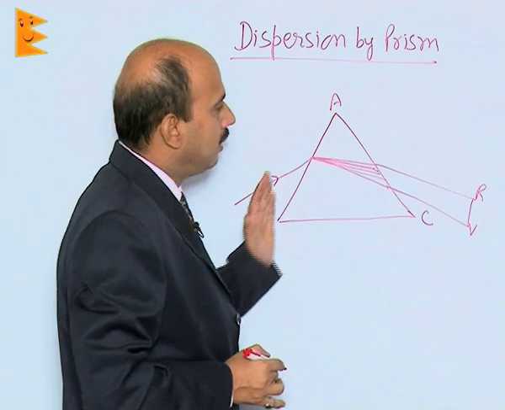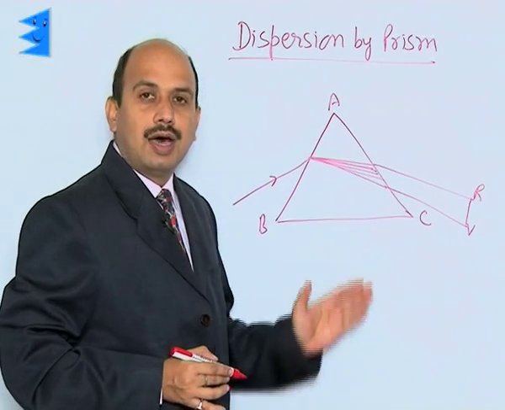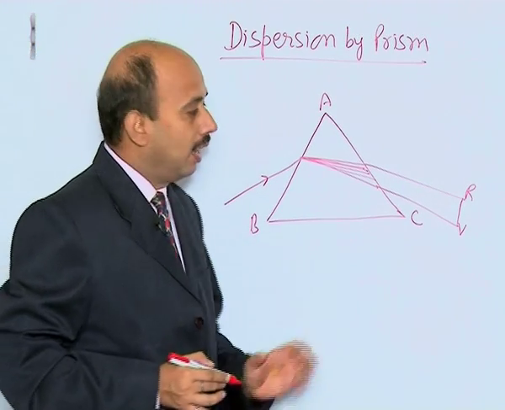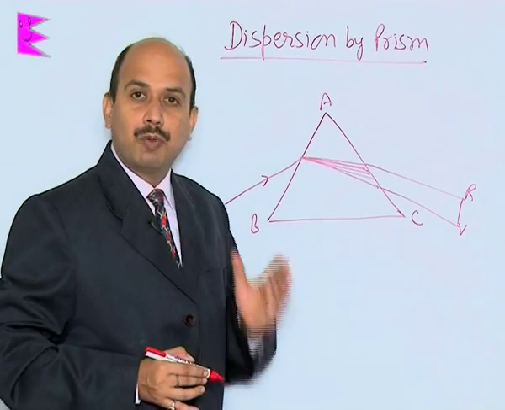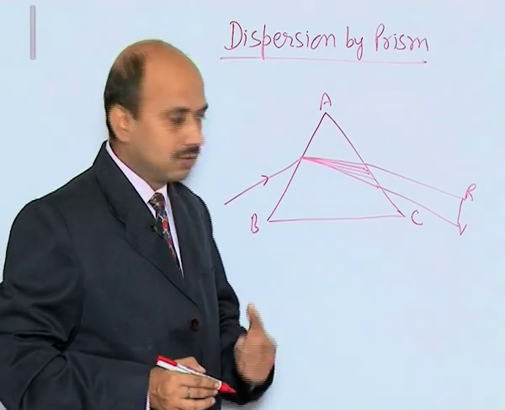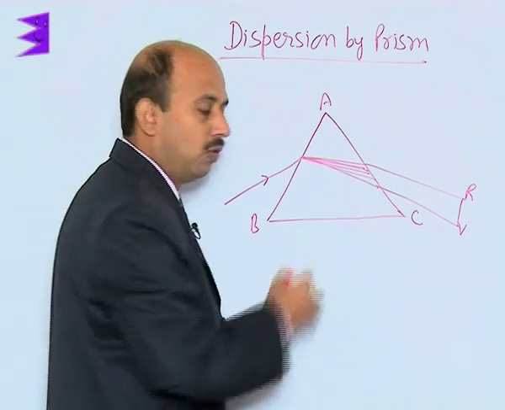So when white light is passed through the prism, it splits up into 7 colors, and this band of the 7 colors is known as a spectrum, and this phenomenon of splitting of white light into 7 colors is known as dispersion of light. Here red deviates least and violet deviates most.